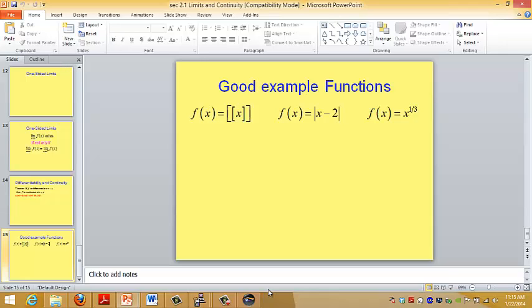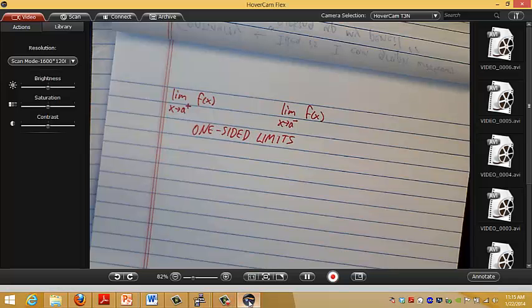Okay? I have 3 nice examples here that can be helpful. So this first function, I don't know that you're familiar with. It's called the greatest integer function. But I'm going to go ahead and use it as my first example. So, how does it work?